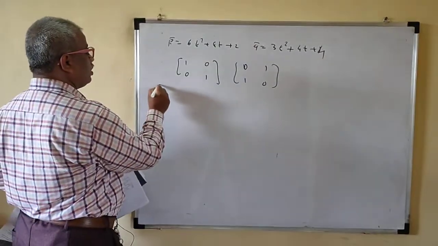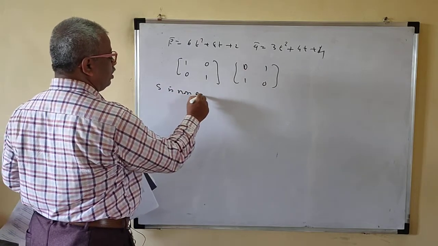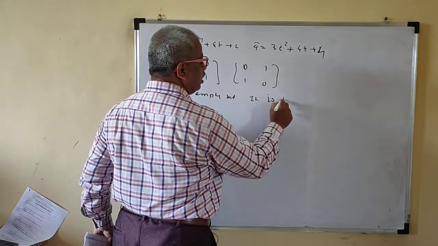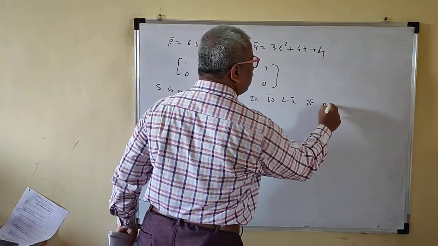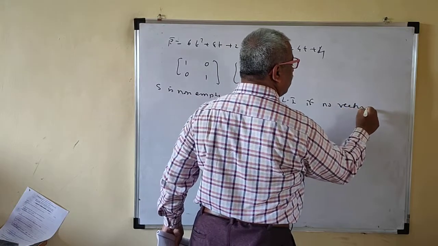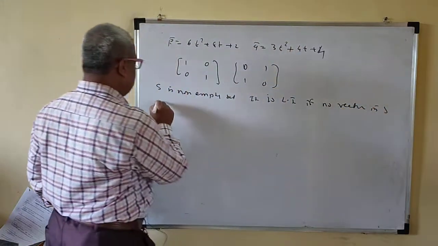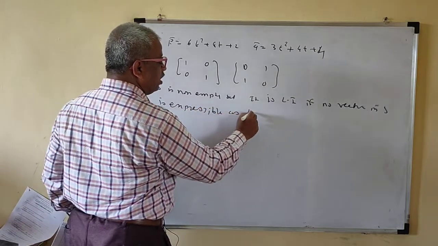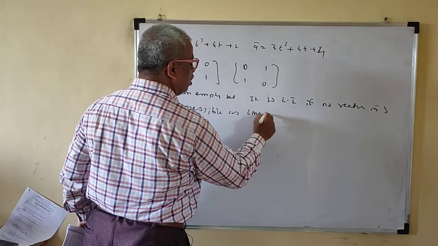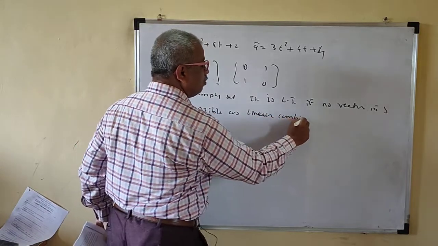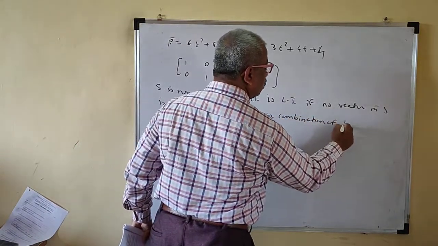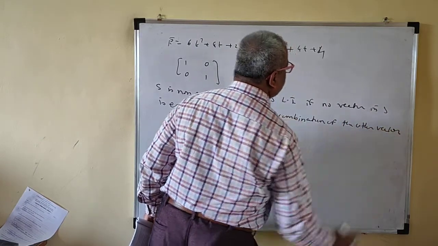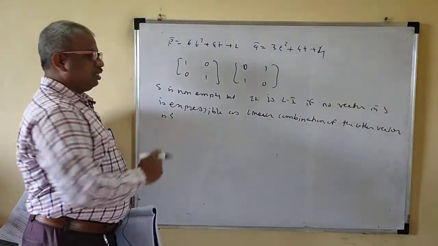Now suppose S is a non-empty set. It is linearly independent if no vector in S is expressible as a linear combination of the rest of the vectors in S. This is the theorem.